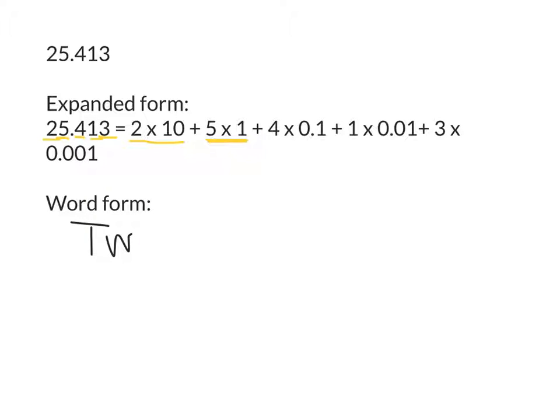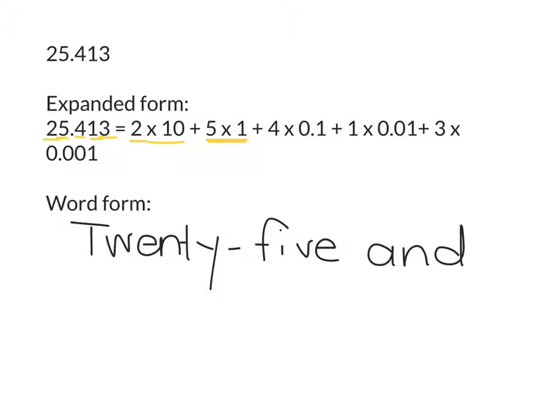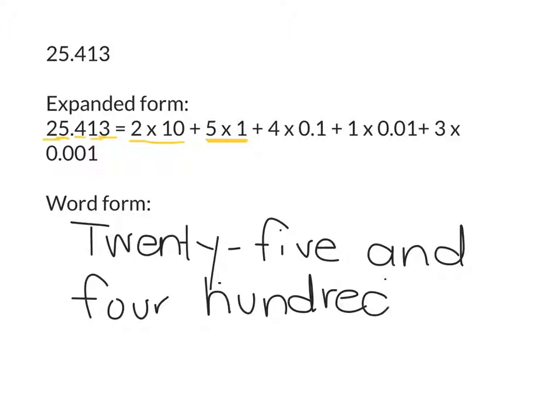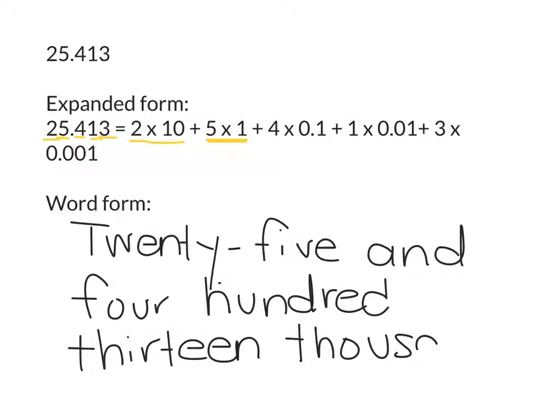So we would write 25, and when we get to the decimal, we use the word and. 25 and 413 thousandths. I like to remind the kids that this is basically just how we would say that number. We just want to write it out in words now instead of saying it.